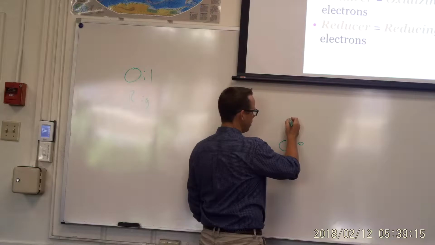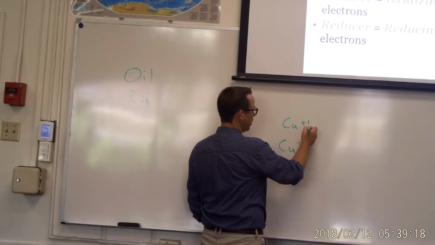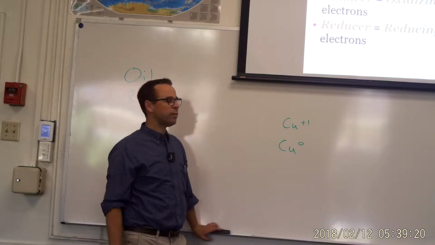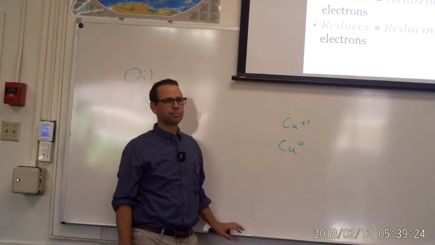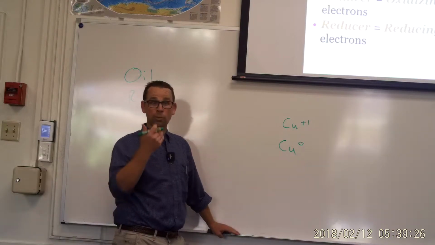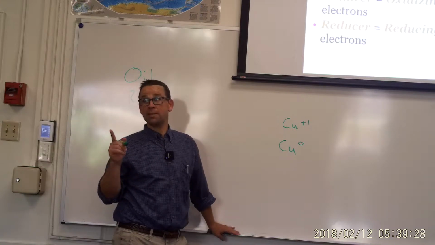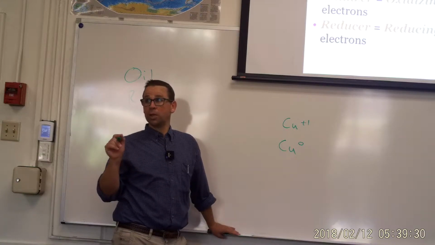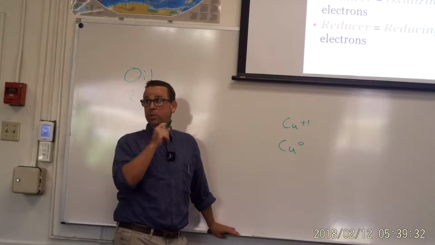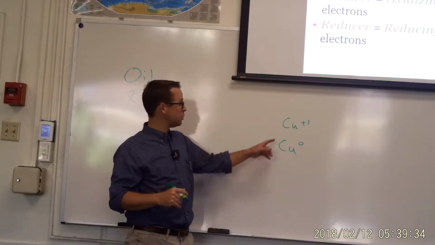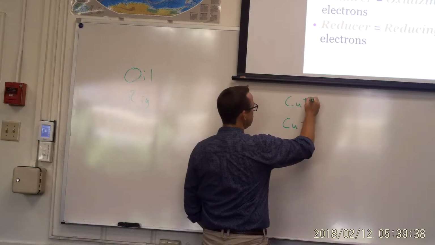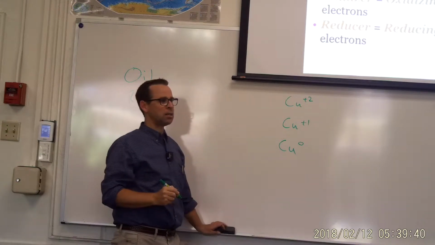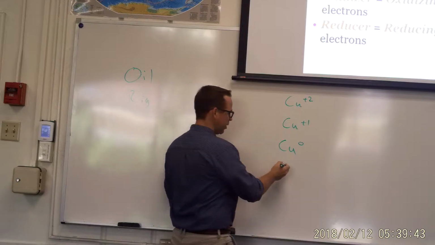Okay, how about this one? Here's copper with a +1 charge. What have I done to go from copper to copper +1? The +1 makes us think we've gained an electron, but the +1 is actually just the imbalance between the protons and electrons, and that's resulting because I've lost an electron. So, copper +2, lost another electron, right? How about if I go this way?